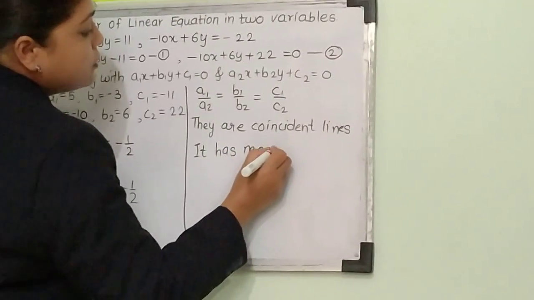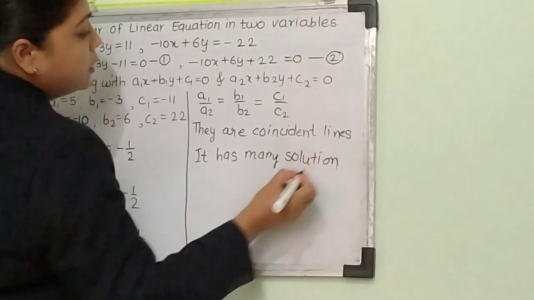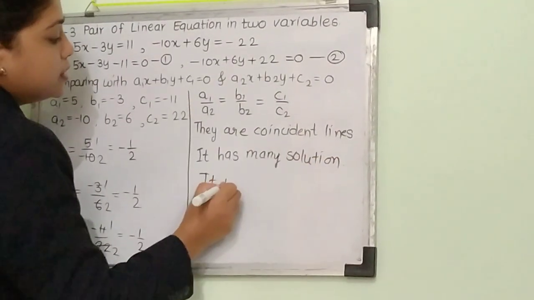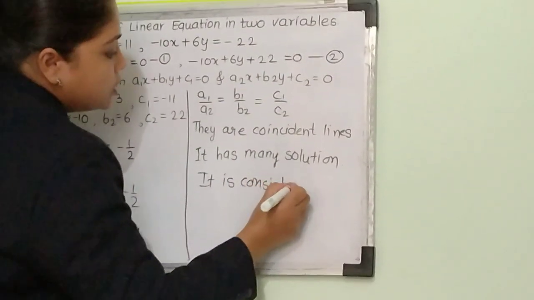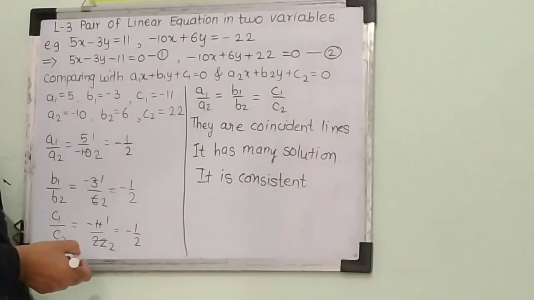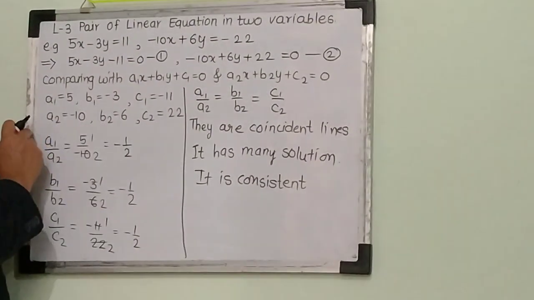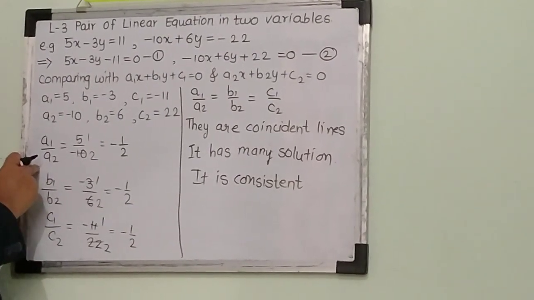Then we can say that the given pair is consistent. So like this we can check whether the given equations are consistent or not by comparing the ratios of their coefficients.